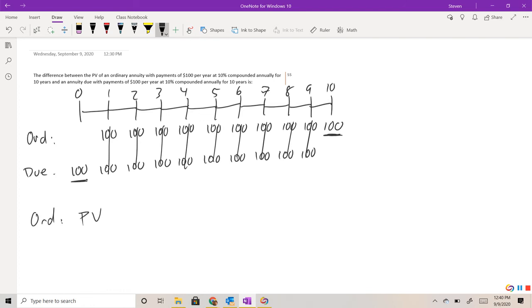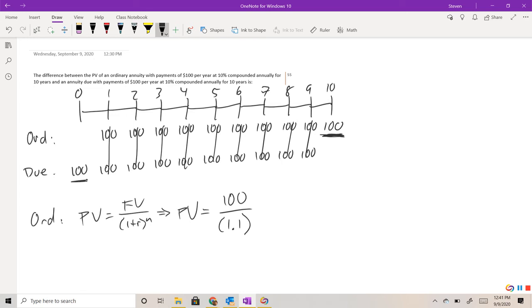So let's look at just the present value of those specific cash flows. Let's do the ordinary annuity first. We're going to find the present value of this $100 at the end of year 10, using the formula present value equals future value over 1 plus r to the n. For the ordinary annuity, that is 100 over 1 plus our interest rate, 10%, expressed as a decimal 0.1.